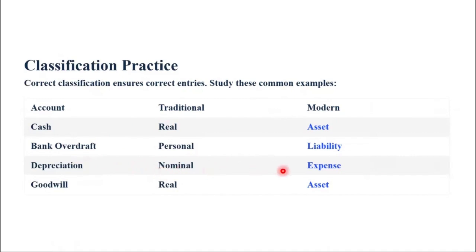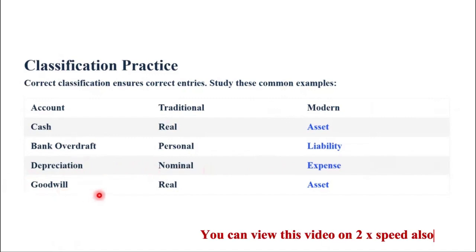Modern, it is an expense. Goodwill. Traditionally, it is a real intangible asset. In modern, it is an asset. Whether you use British or American approach, the logic remains consistent. An expense is always a debit and an asset is always a debit when it increases.